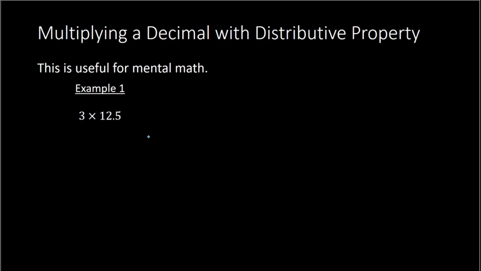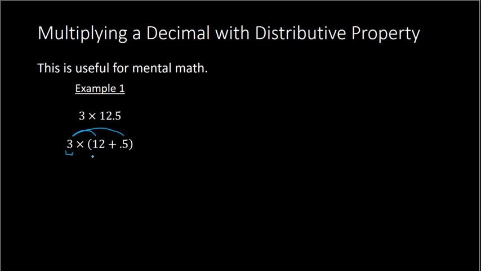The process for this is we want to take the 12.5, the decimal, and write this as an addition problem. So the 12.5 you can write as 12 plus 0.5. So from here, we can now distribute the 3 in front to that. So we have 3 times 12 and 3 times 0.5.